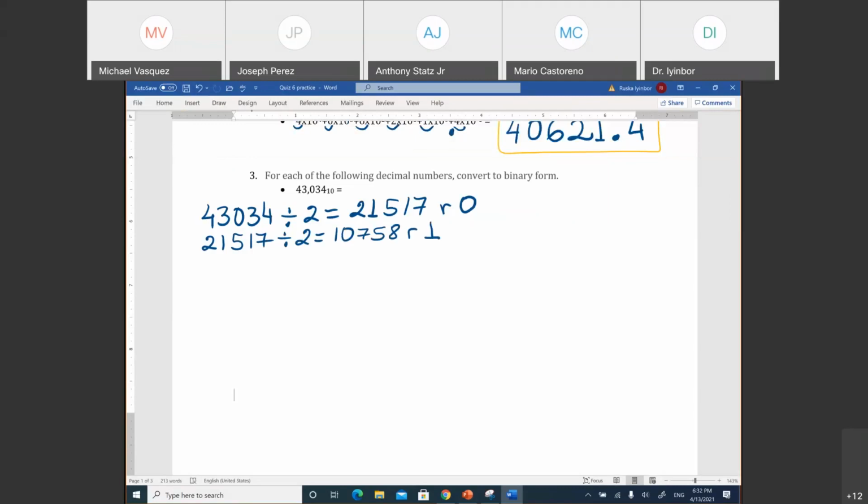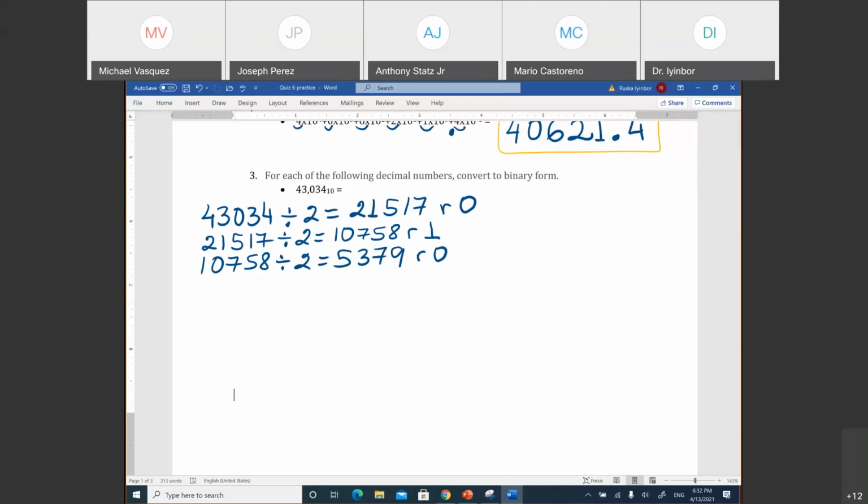Then I start with 10,758 and divide it by 2 again. That's 5,379, remainder 0.